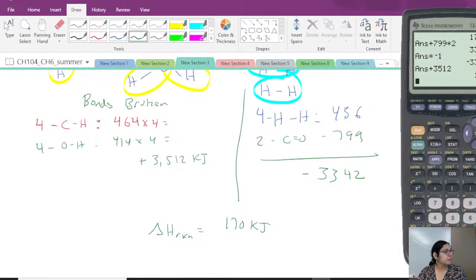Questions? You're saying this one's endothermic because it's positive? Yes. Yeah, so it requires some heat to get going.